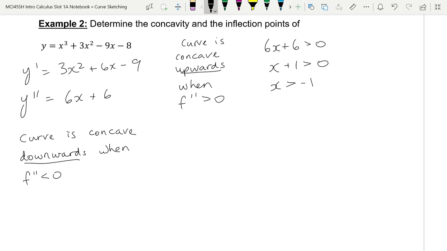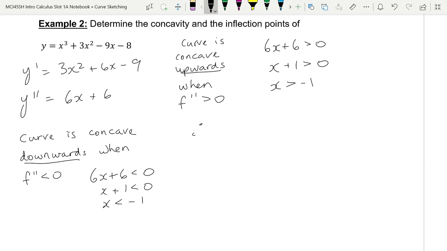And algebraically, f double prime is less than 0 isn't going to look a whole lot different.